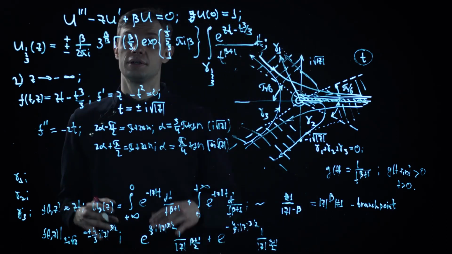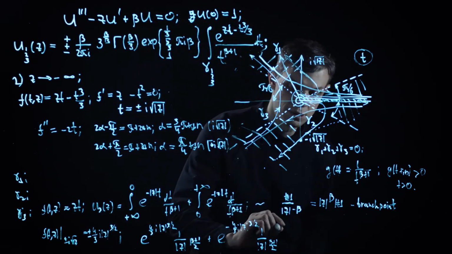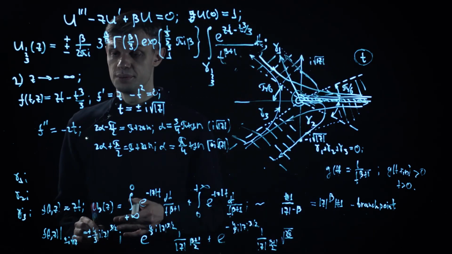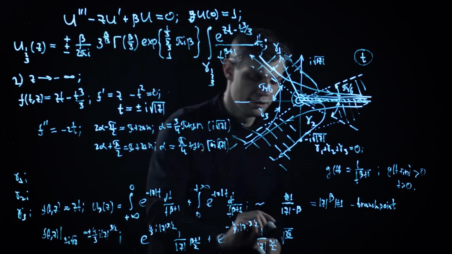There will be, of course, an additional pre-exponential factor, which is the square root of 2 pi divided by our large parameter. But in this case, well, there will be actually none.